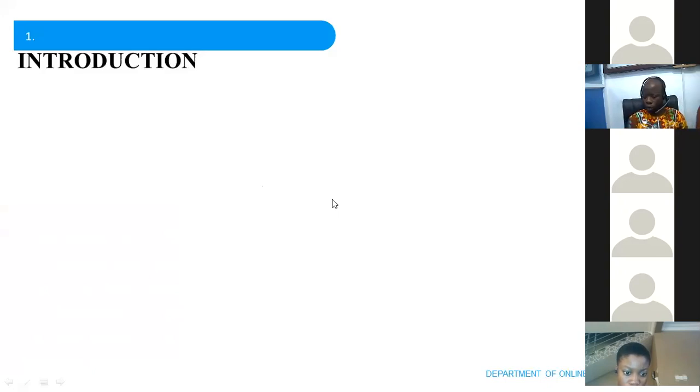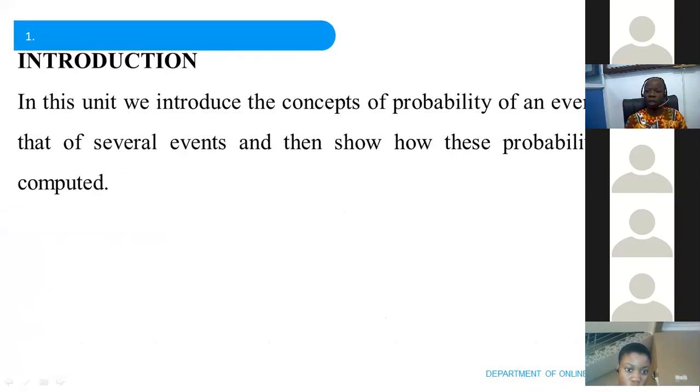Now, we move to the introduction. What is it all about, probability? So, we say that in this unit, we shall be introducing ourselves to the concept of probability of an event, including that of several events, that's the compound event, and then show how these probabilities can be computed.